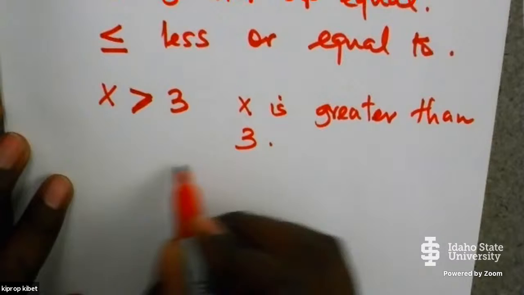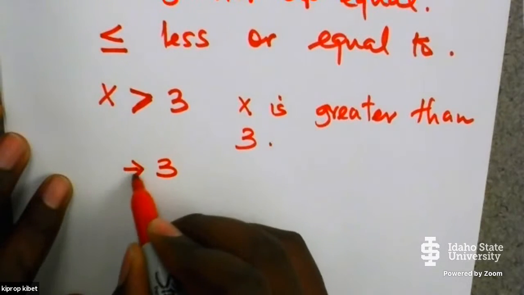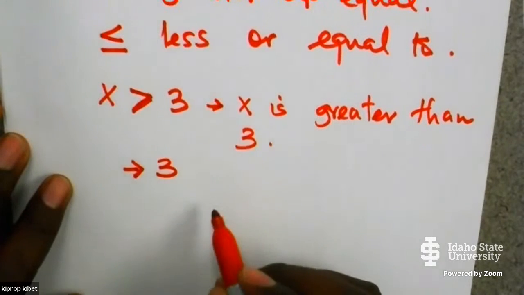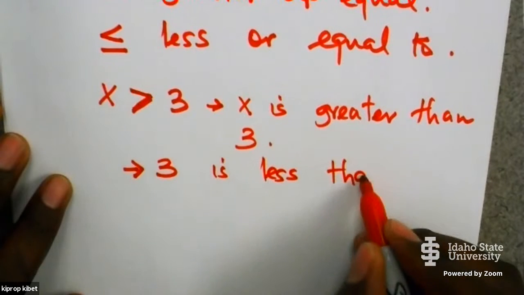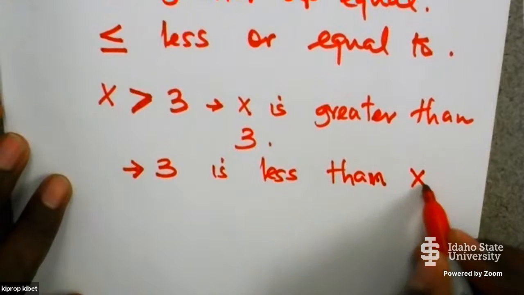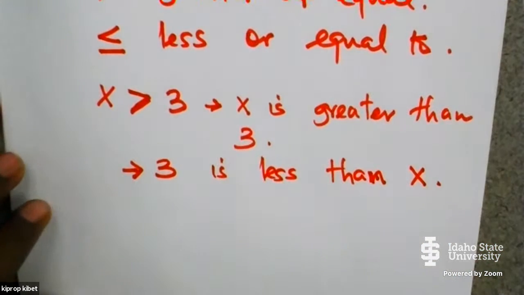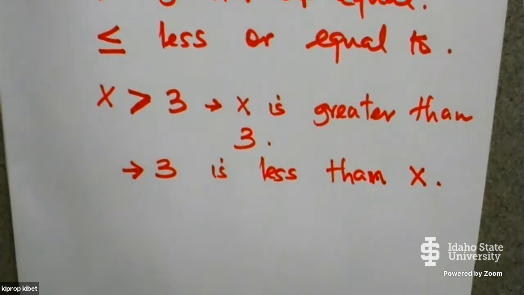You can also say 3 is less than x. So x is greater than 3, or 3 is less than x.